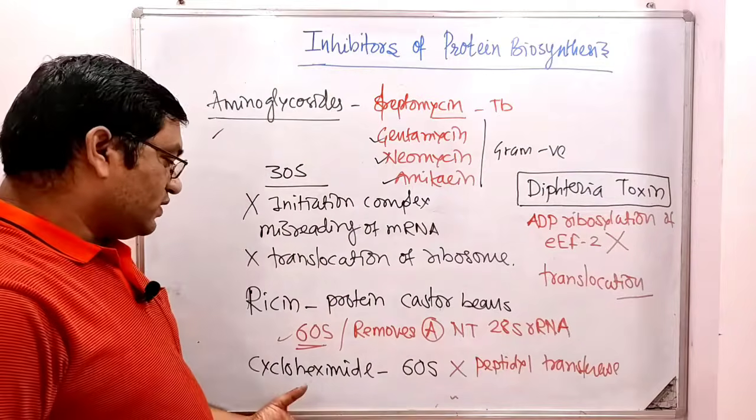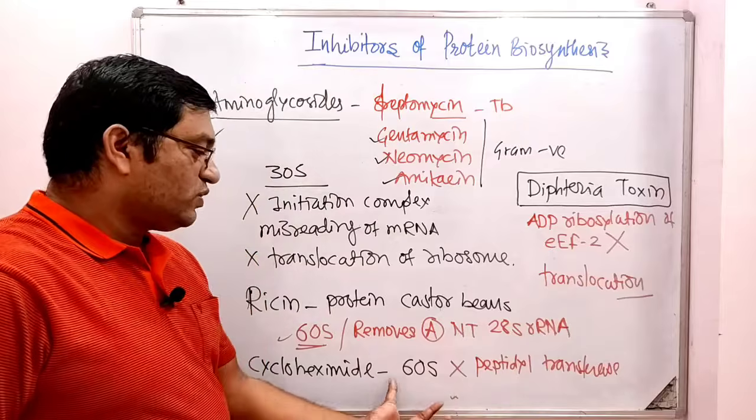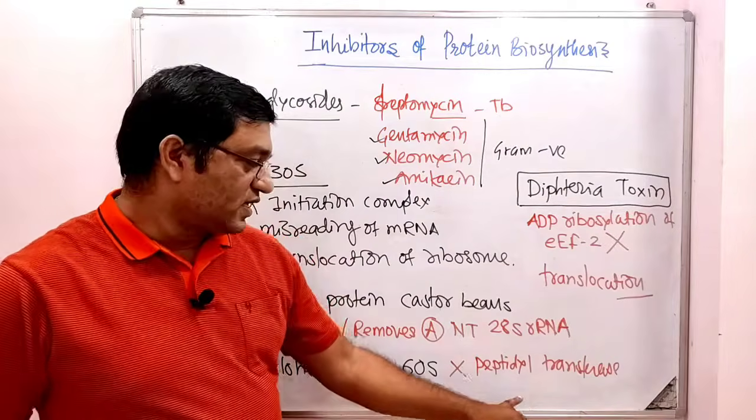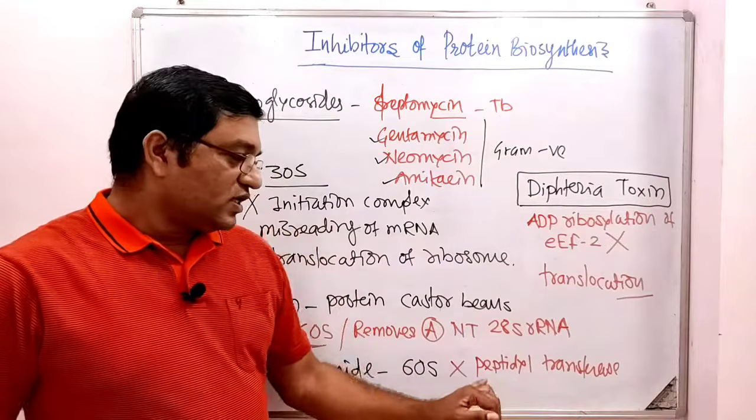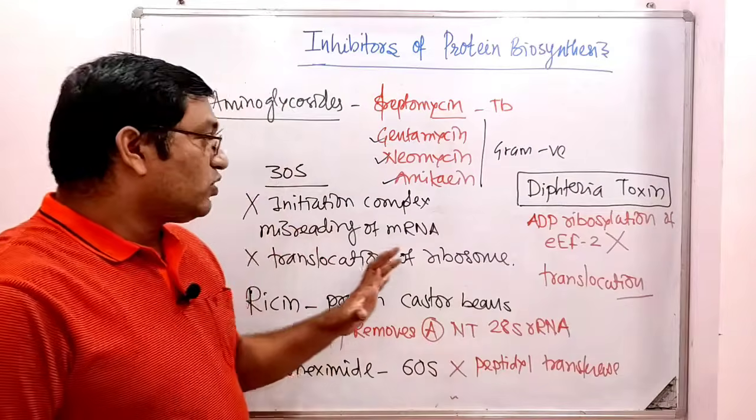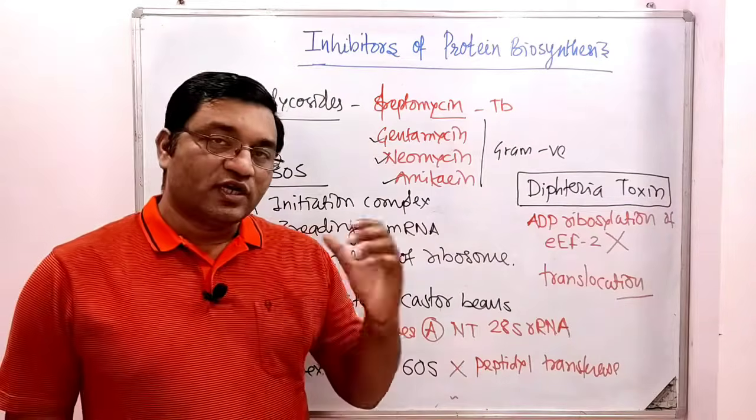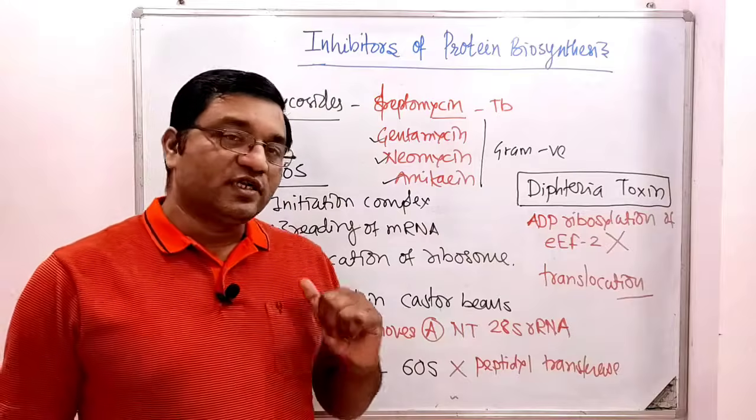Like chloramphenicol, it blocks the activity of peptidyl transferase. So it blocks the elongation process. Now the important one, puromycin, which is both a prokaryotic as well as eukaryotic inhibitor.